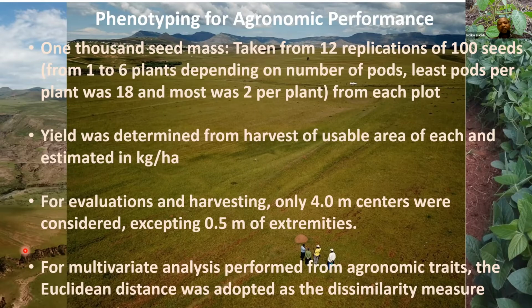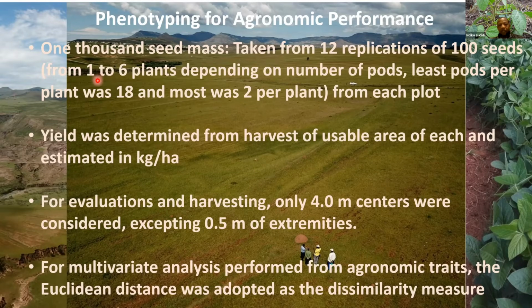Just to mention that we already saw some variation in the number of pods that we would have for each plant that would be required to get 100 seeds. For some plants, just to get 100 seeds, we would require one plant because they would have sufficient pods.